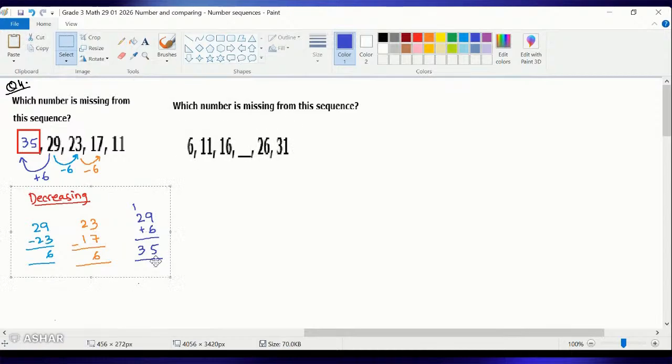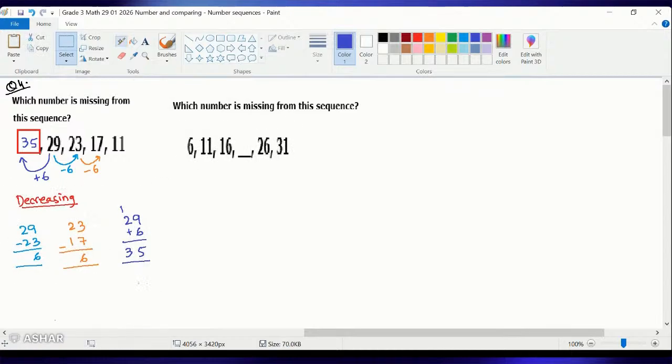Let's see what is missing from this given sequence. The first number was 6, the second number was 11, and 16. What we can say is this is an increasing sequence. The numbers are increasing, okay?